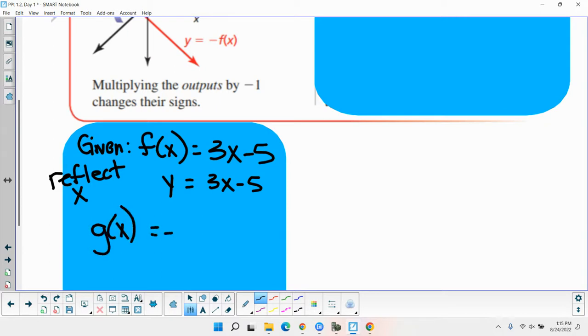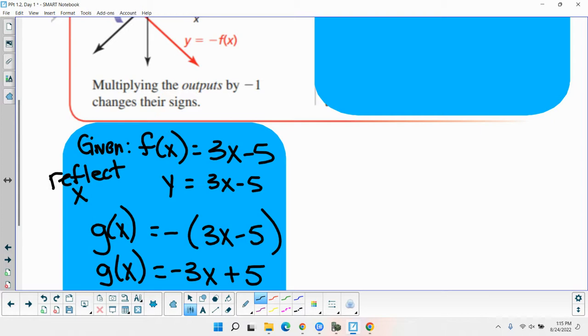I am taking the opposite of the whole thing. Okay? My y will end up changing. And I distribute my negative sign.